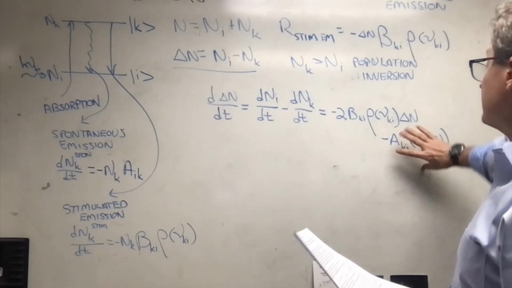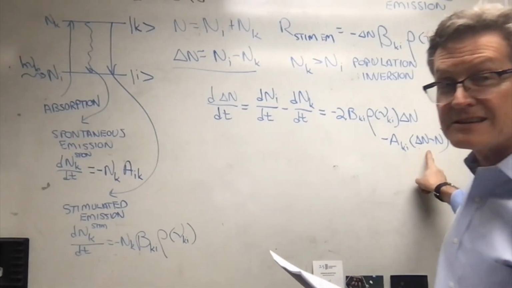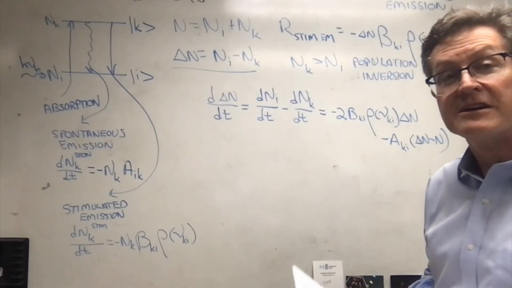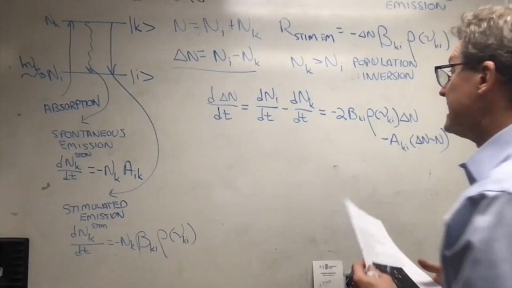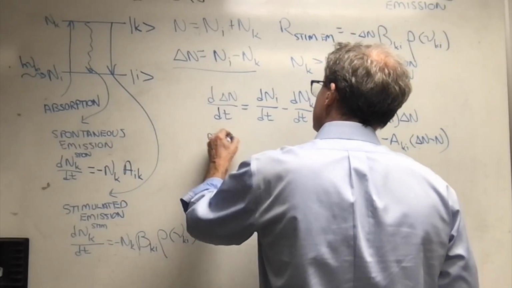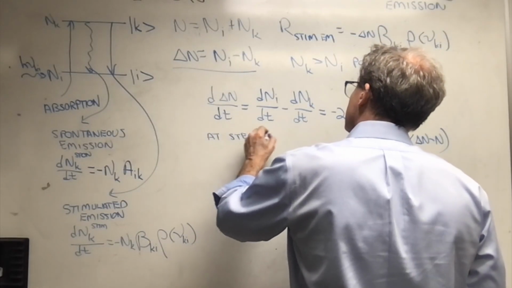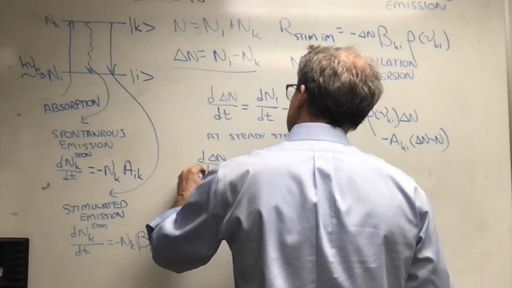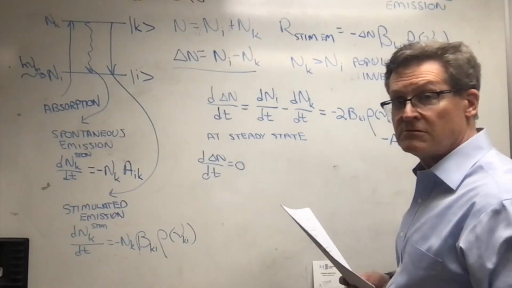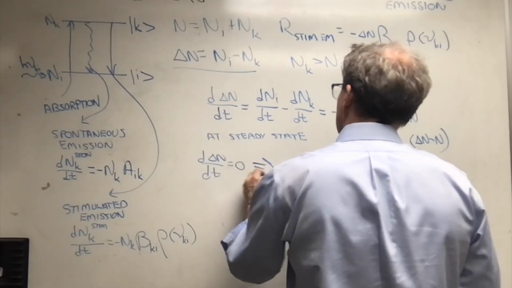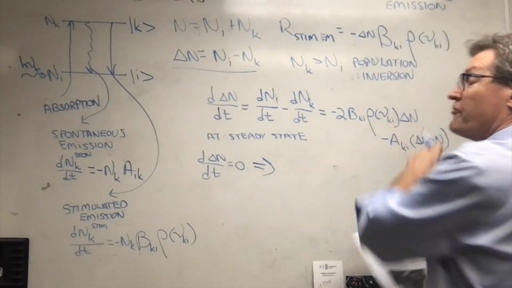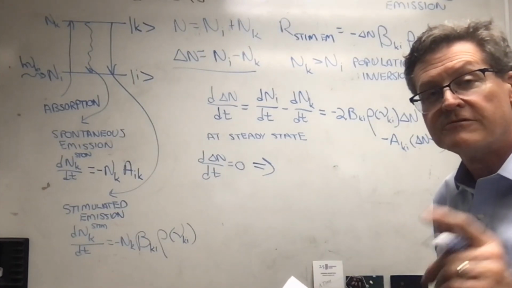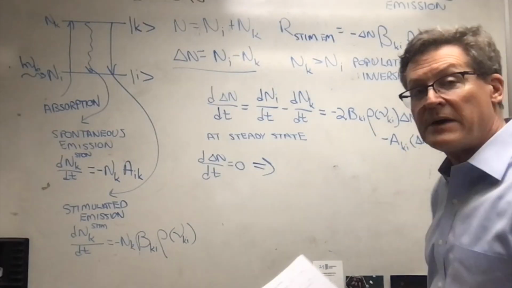Now initially, this term is close to zero because there's nothing in the upper state. So initially it's going up, but eventually we're going to drive this system into steady state. At steady state, remember our kinetics, d delta n dt is equal to 0, and therefore we plug that in here, solve for delta n, and see how it depends on the Einstein A coefficient, the Einstein B coefficient, and the resonant power density.